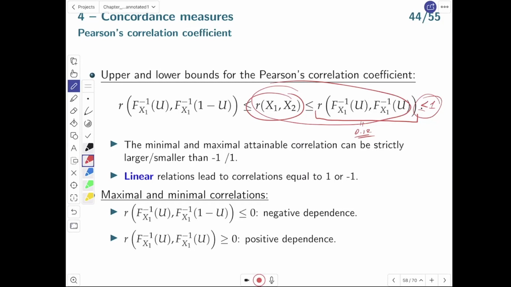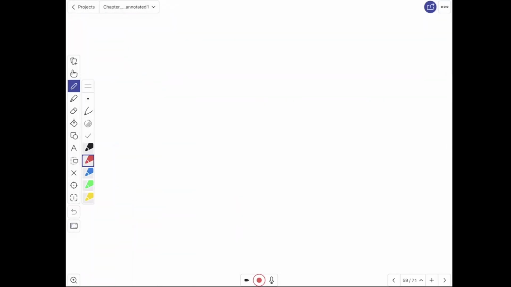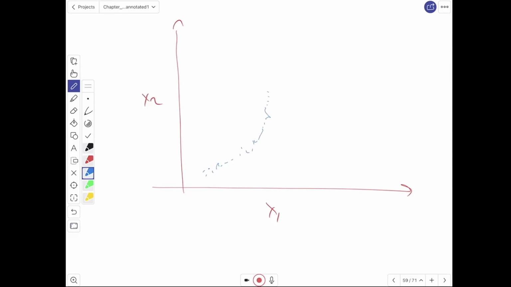What is the reason for this problem? It's that you can have two random variables, x1, x2. They're not comonotonic, but their scatter plot looks like this. You have something like this, right?